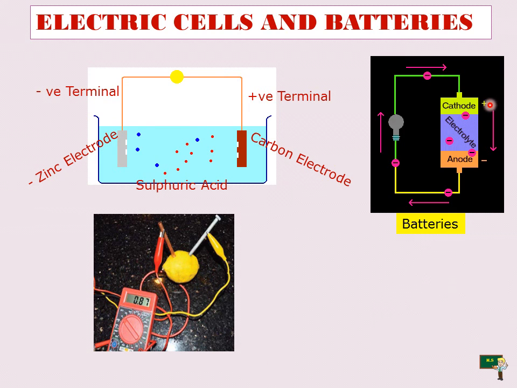The cathode has a positive nature and the anode has a negative nature, and we can produce currents even with a lemon. In past experiments we saw that even a potato can produce some sort of charge.